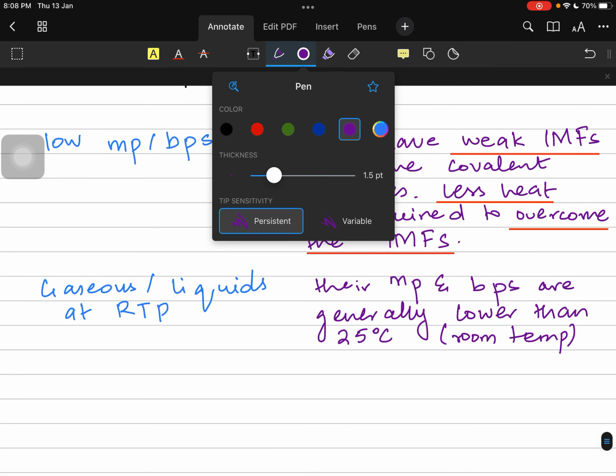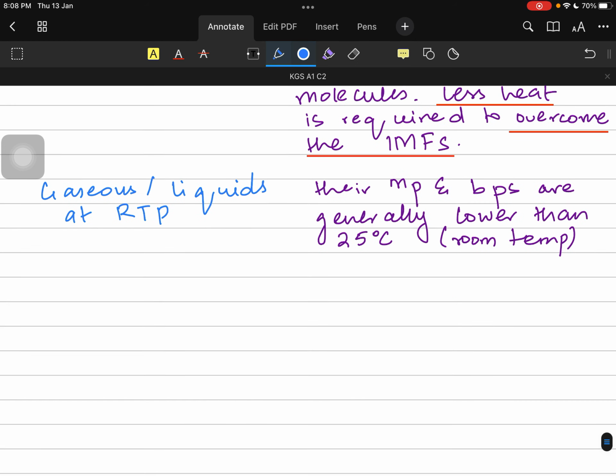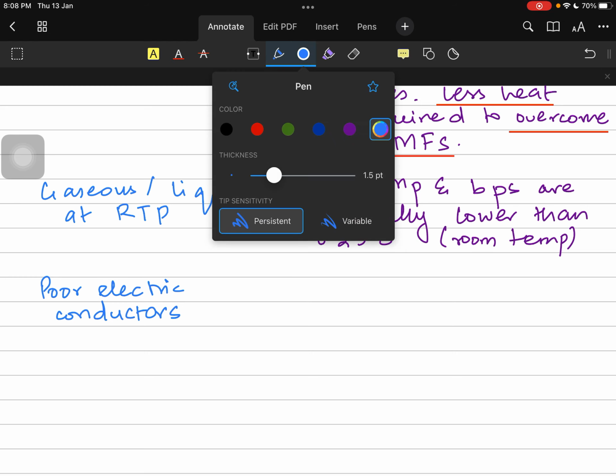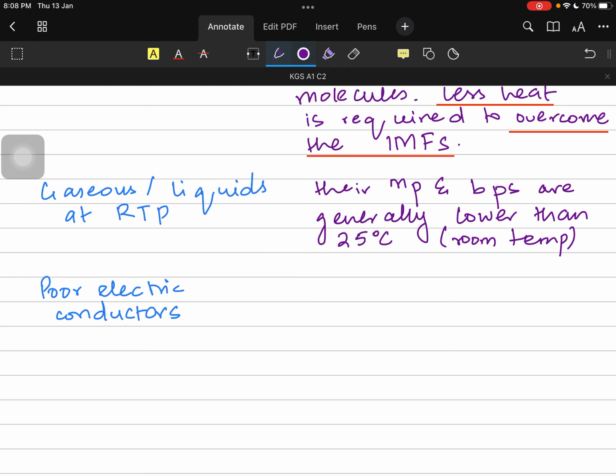Do they conduct electricity? My answer would be no. They are poor electric conductors. They never conduct electricity. What's the reason? Because their valence electrons are not free to move. Their valence electrons are occupied in bonding, because remember they were supposed to share electrons with each other, so here they are making the bonds.